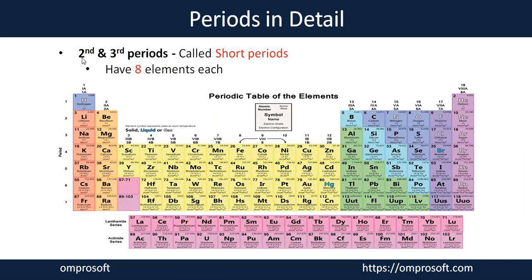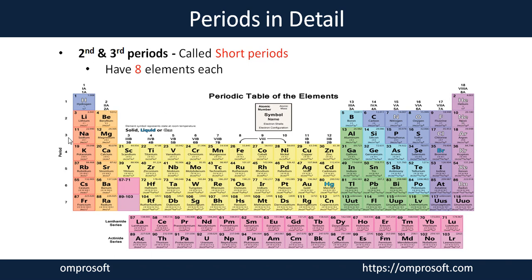Now, the second and third periods are called short periods because they have 8 elements each. You can see here, the second period goes from atomic number 3 to 10, from lithium to neon.